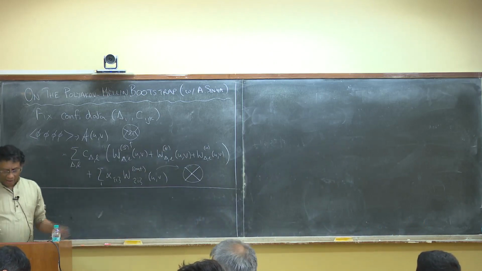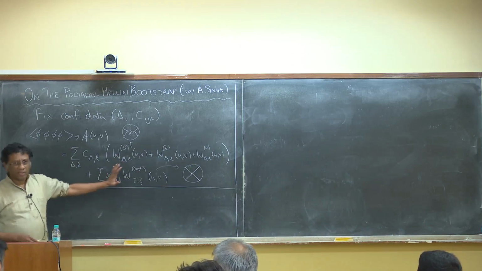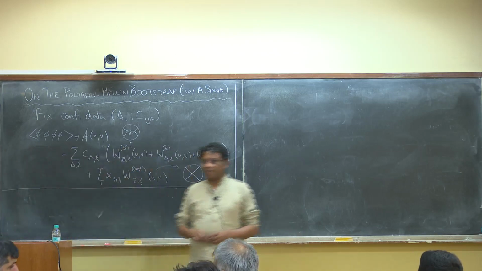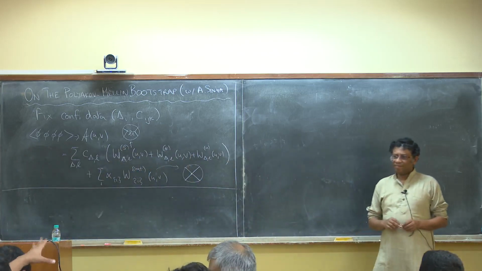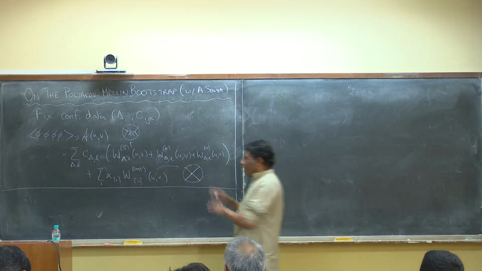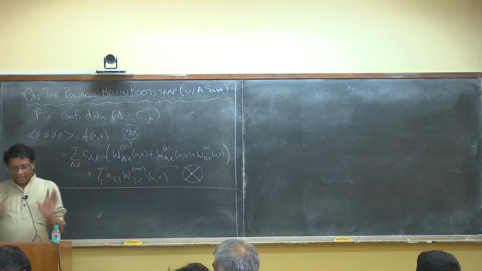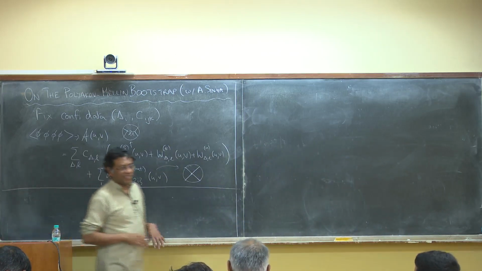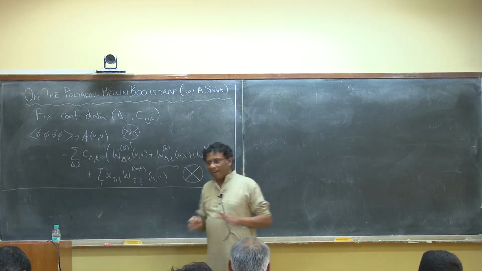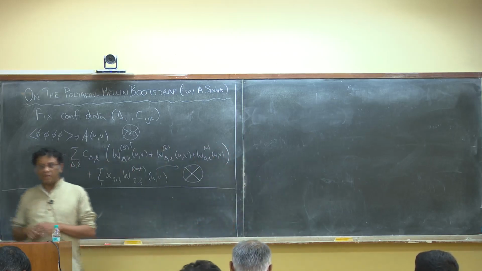It's very unnatural in some ways to not have it. The bulk interpretation I do not want to go into, because I have talked about this before and I don't have anything further useful to say about it.